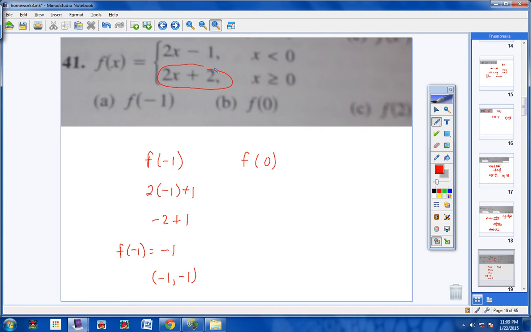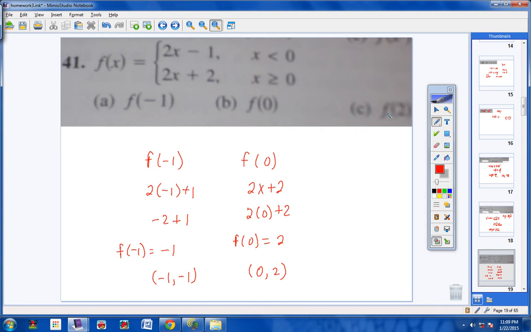Okay, 0 falls right into this domain right here, so I'm going to use this function right here. So 2x plus 2, put a 0 in for x, and we'll get out 2. So f of 0 equals 2, or in other words, 0 comma 2, input output.